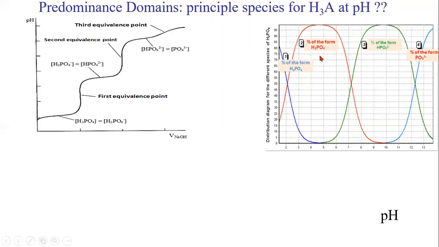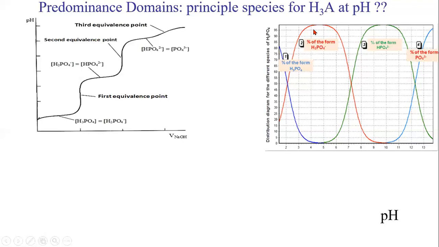Here, the conjunction between these two lines is the pH at pKa1, where I have equal amounts of H3PO4 and H2PO4 minus. That's the pKa, so I can go back and get the pH at pKa1. Okay, so this is the equivalence point where I have no more H3PO4, all of it becomes H2PO4 minus.